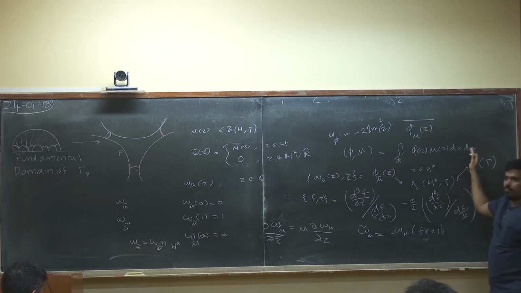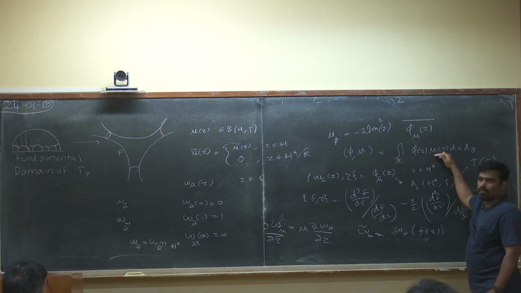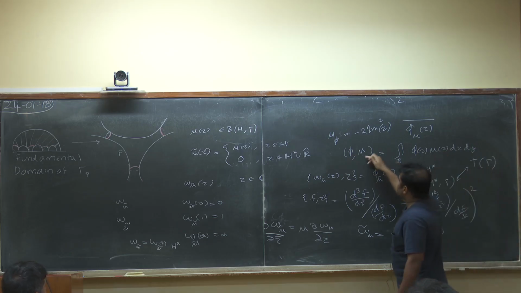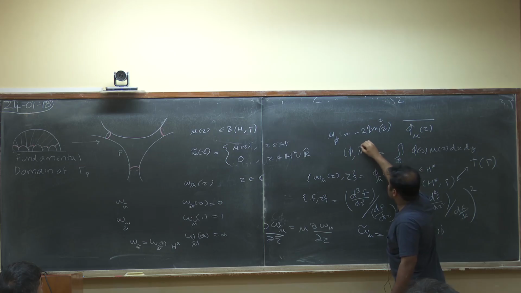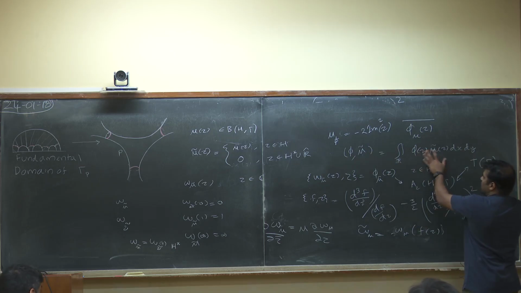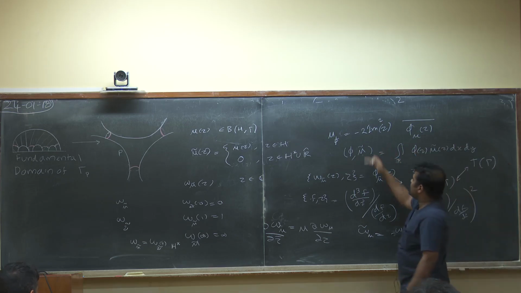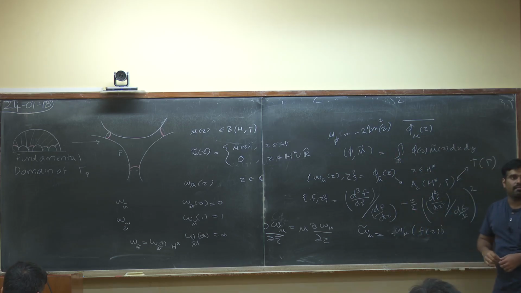So this provides you a pairing between the quadratic differentials and the Beltrami differentials. There could be a situation where you have a null Beltrami differential: if you integrate the null Beltrami differential with the quadratic differential, you may end up getting 0. This is like a gauge transformation. So that's why we have some null direction in the space of Beltrami differentials, but you don't have... analytic on the complex plane.